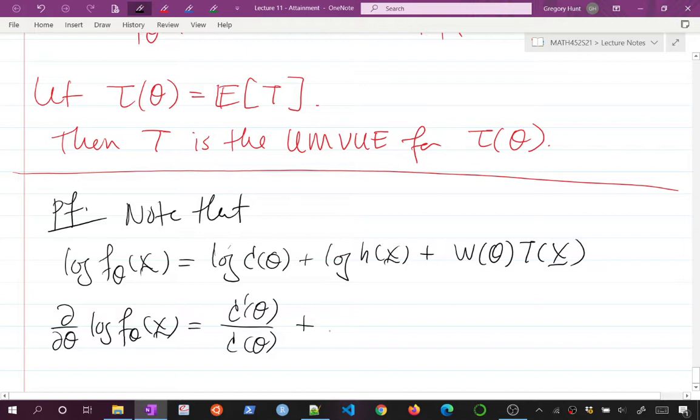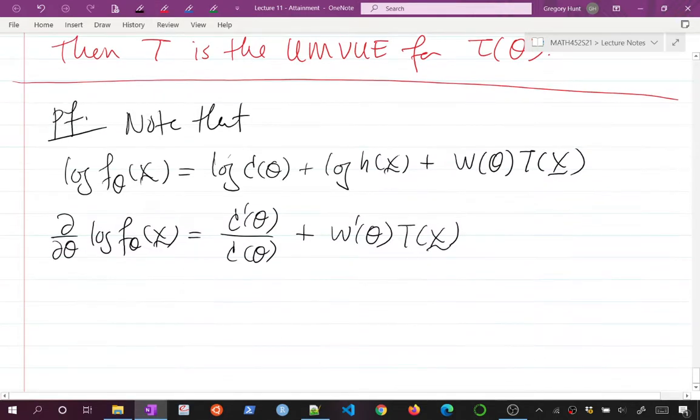And then we have a w prime, whatever the derivative of w is with respect to theta, and this t doesn't depend on theta, it just comes along as an extra constant, right? So this thing is basically my score, right? Of course, really for a score, this x has to be treated as random.